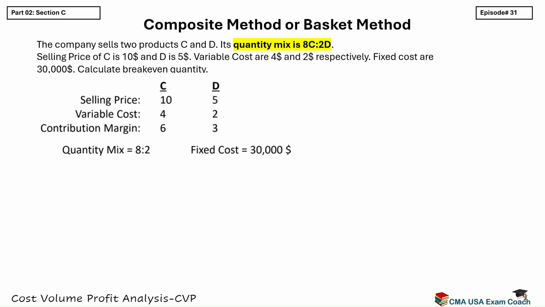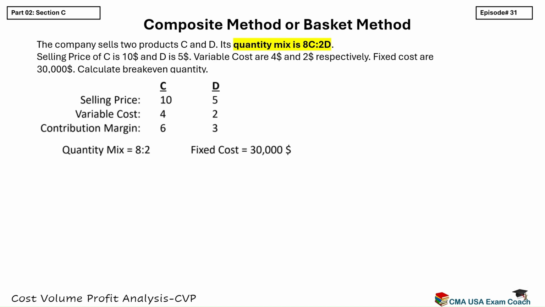So, the contribution margin per unit of product C is 10 minus 4 equals $6. Selling price of product D is $5. Variable cost of product D is $2. So the contribution margin per unit of product D is 5 minus 2 equals $3. The fixed cost for the company is $30,000. We are also given the quantity mix, which is 8 units of C for every 2 units of D.